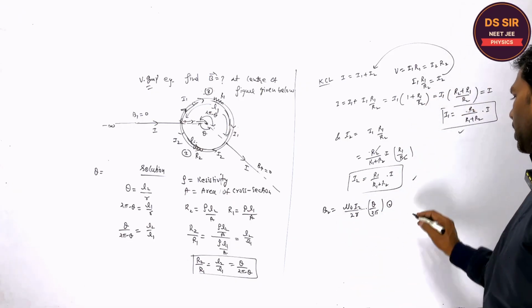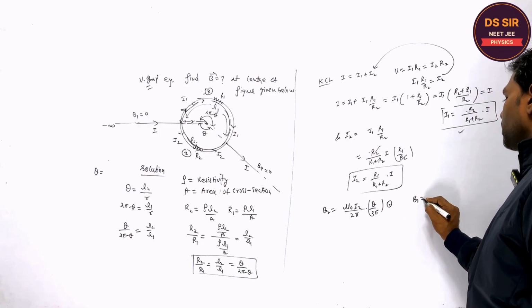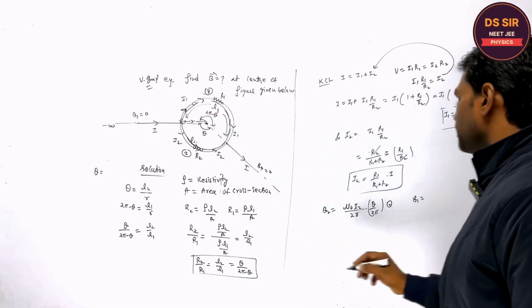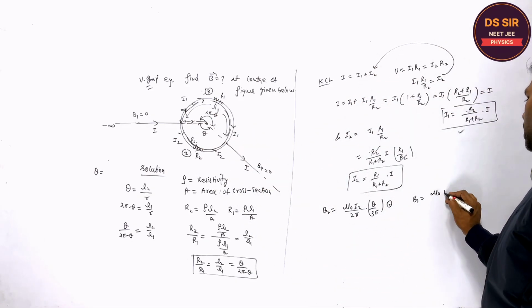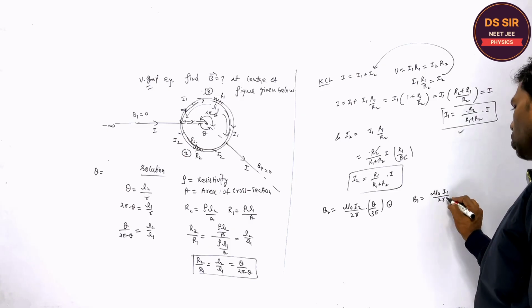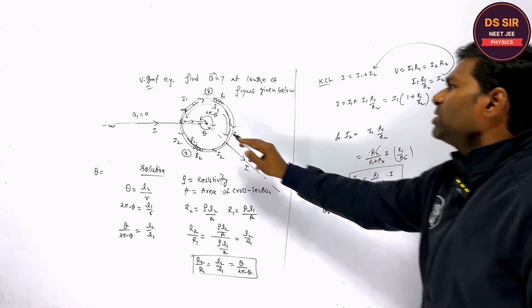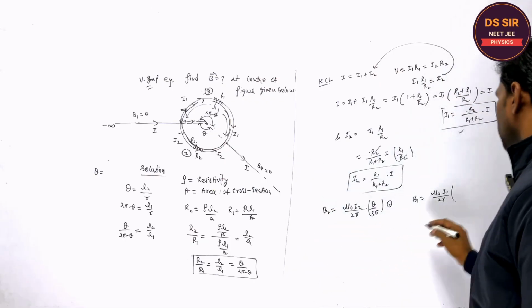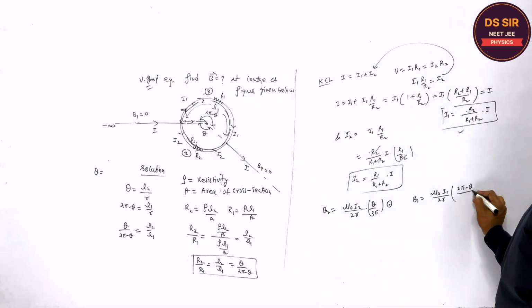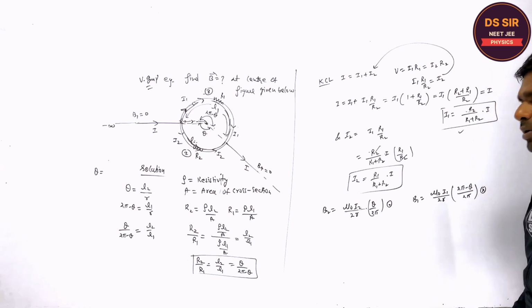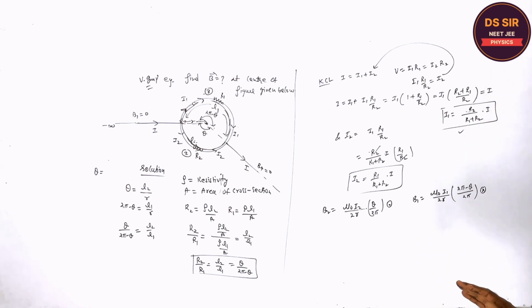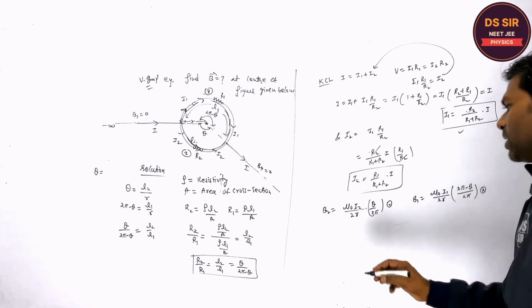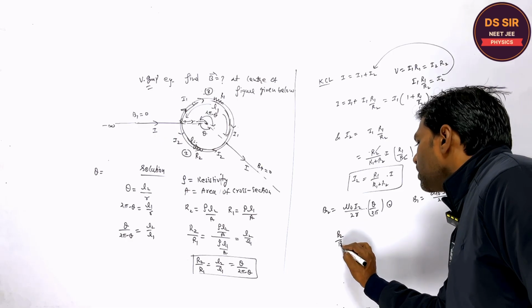Fine. And what about the B1? Because of this part, mu naught I1 upon 2R into 2 pi minus theta upon 2 pi. And this is into the board. So can you find the ratio B2 and B1?